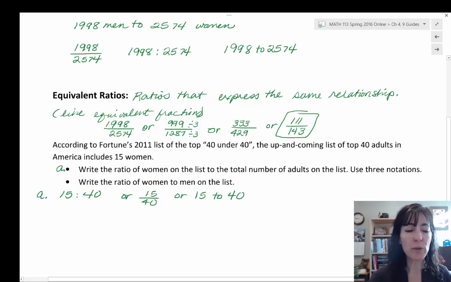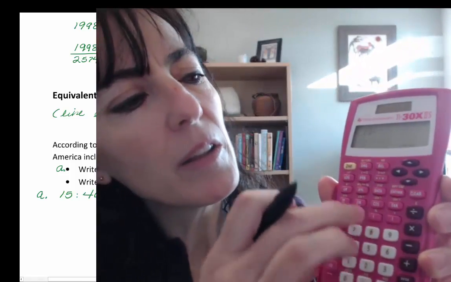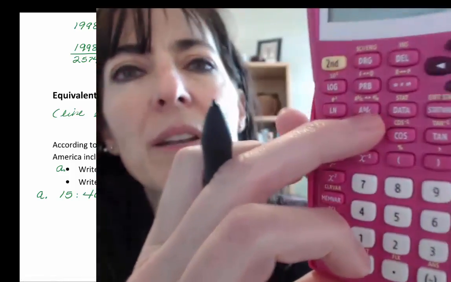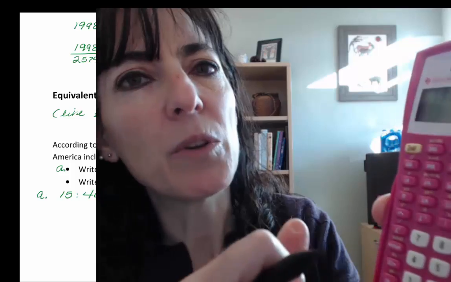Now I can also reduce that, and if I want to use my calculator again, I'll type in 15, and then my special fraction button, it's like an ABC button right there, and I push that one, then 40, and then equals, and it tells me it's equivalent to 3/8.